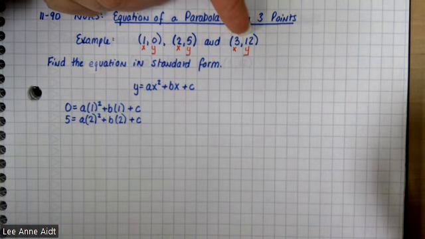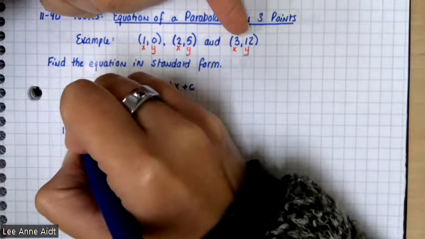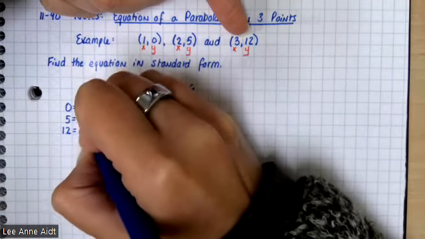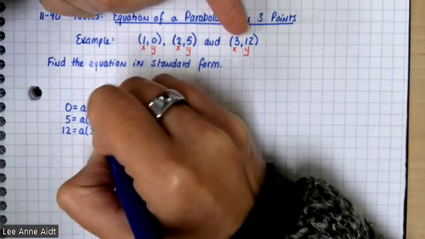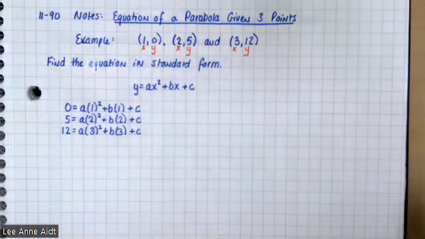Okay, now I'm going to do it with the (3, 12). 12 equals a times 3 squared plus b times 3 plus c.